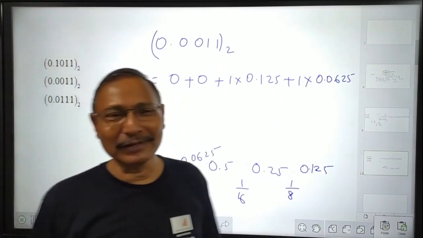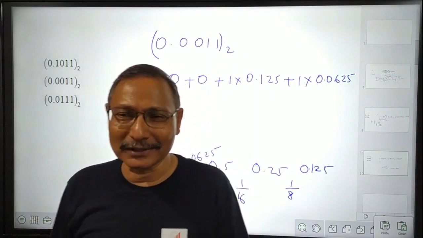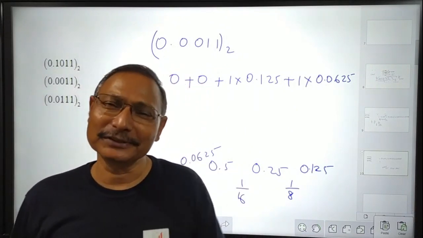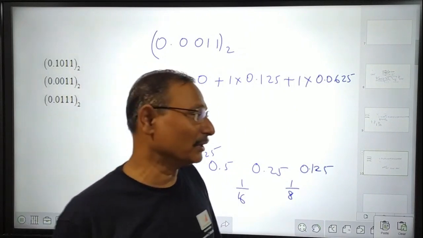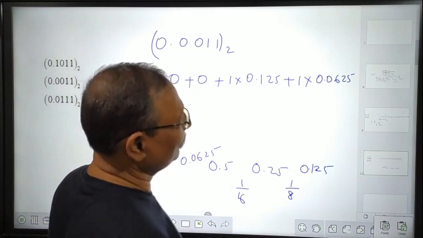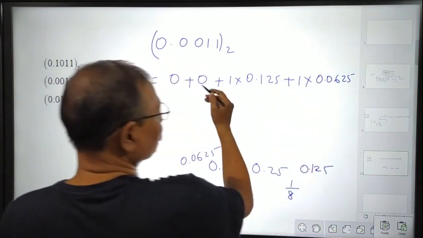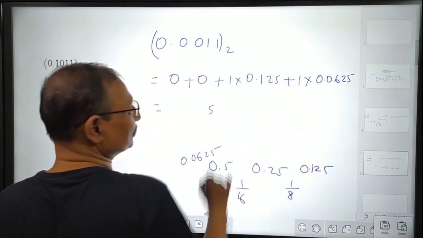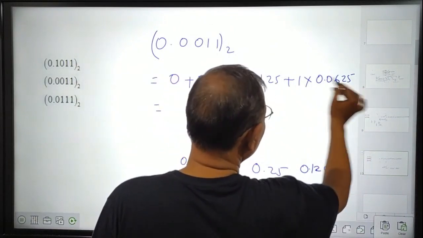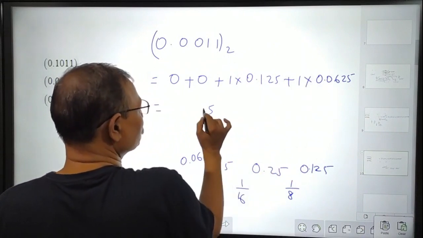Now add them to get the value. Sometimes you will feel a little difficulty in the addition part because the numbers have different numbers of digits after the decimal point. So be conscious and very careful. This is the fourth digit and there is no fourth digit in the others, so simply this will be 5. And this is the third digit after the decimal point, and this one also has one, so 5 plus 2 is 7.